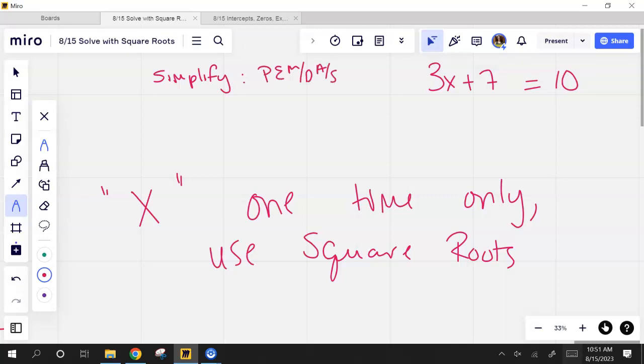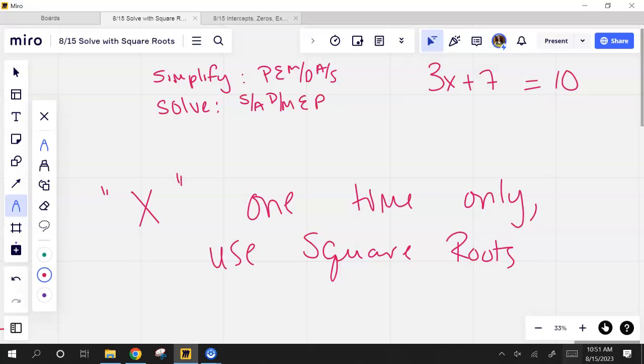Would you agree that solving is the opposite of simplifying? Well, solving is the undoing of it, right? I wouldn't say opposite, but the undoing. So if we follow PEMDAS when we simplify, when we solve, what we need to follow is the backwards of PEMDAS, which is SADMAP, okay?